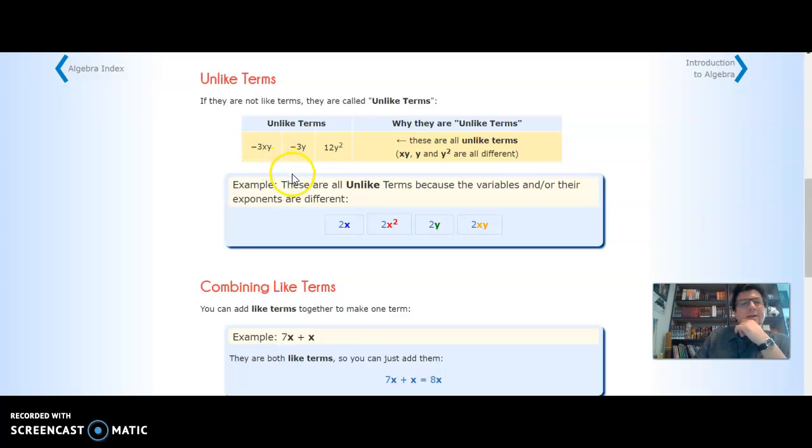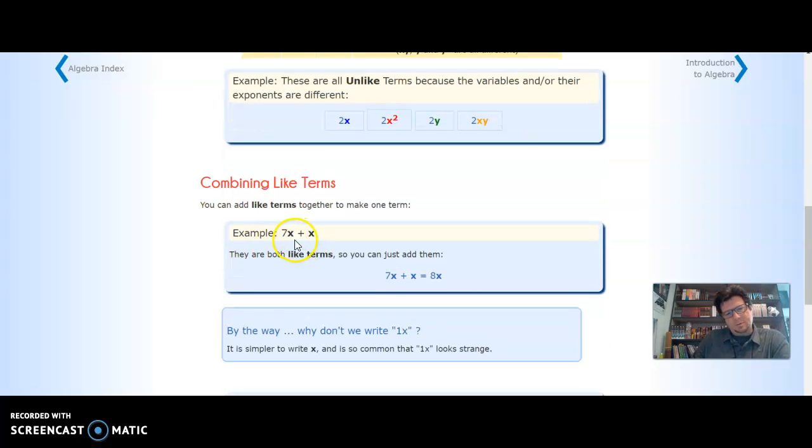You can't put them together in any way possible because the variables are different, all right? So these are all unlike terms because the variables and or their exponents are different. So y, xy, y squared, x squared, and then x, these are all different. You cannot put them together. You can't add them. That's about as small as each of those are going to get, okay?